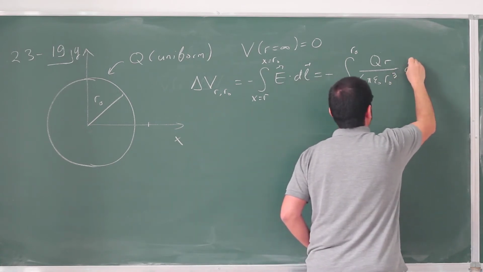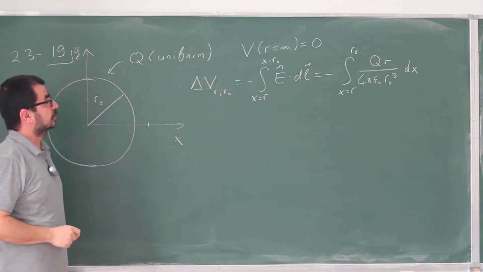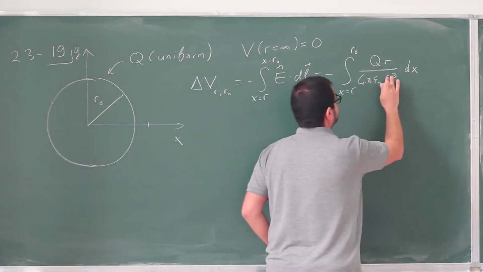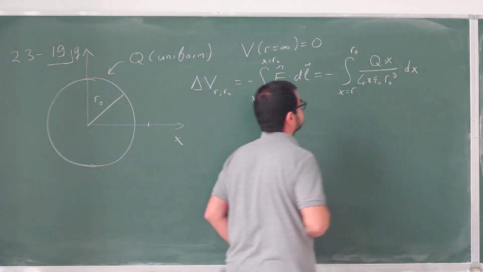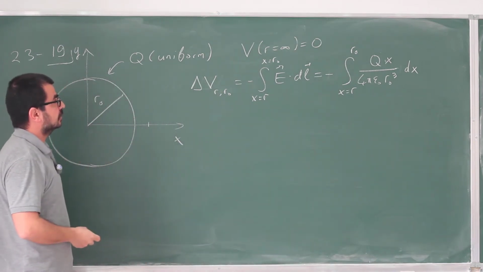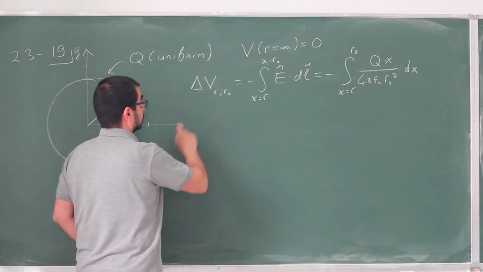Times this dl, which is going to become dx by the same argument as in the previous part. Okay? Sorry, this is R0 cubed, this is x. Okay? And again, we can take this integral. It's going to be something reasonably simple. We also can write this part.